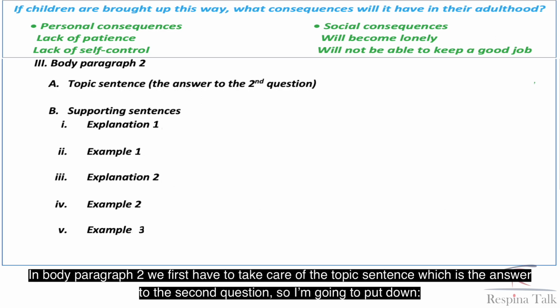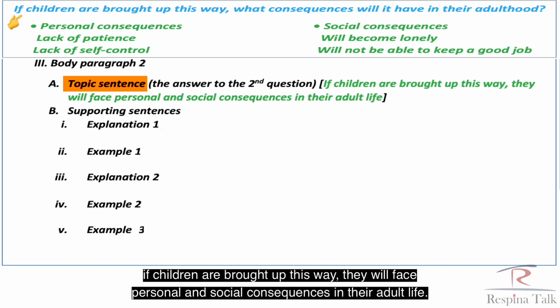In body paragraph 2, we first have to take care of the topic sentence, which is the answer to the second question. So I'm going to put down, if children are brought up this way, they will face personal and social consequences in their adult life.